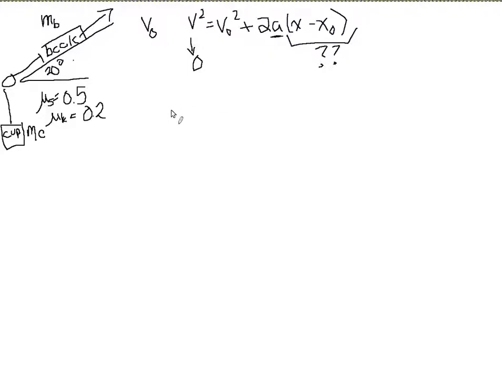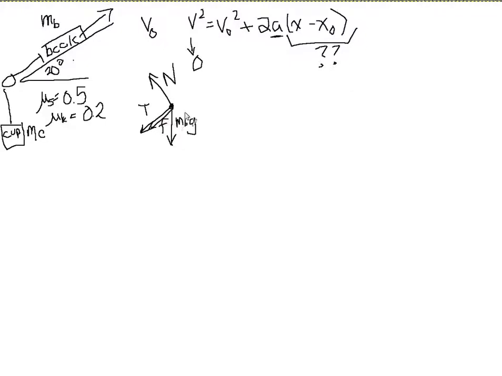For the book up on the incline, we have mg pointing down, but I'm going to call it m sub bg because that's the mass of the book. We have the normal force going this way. We have tension from that string pulling downward, and we have friction. Friction goes down the hill because the book is going up the hill.